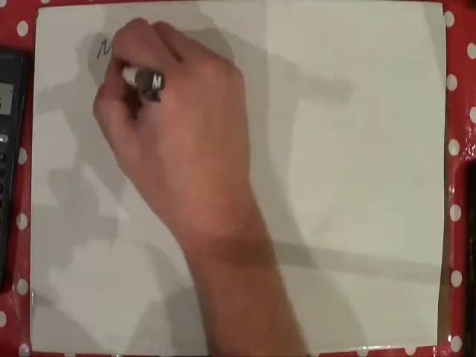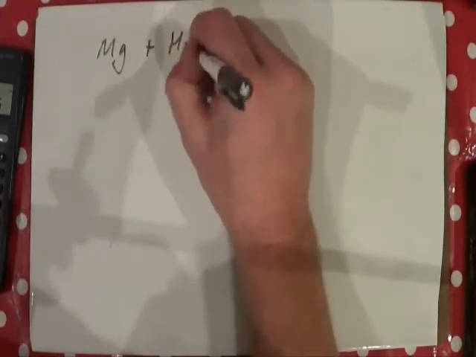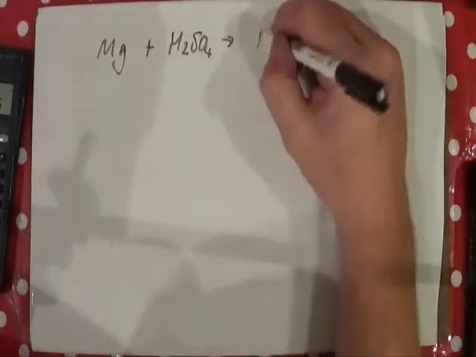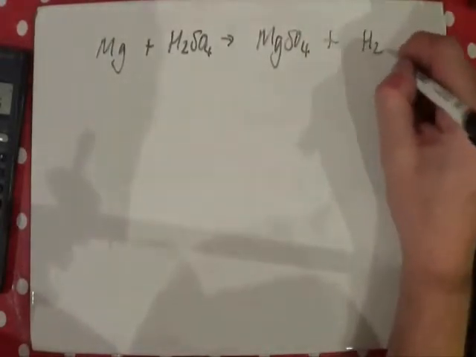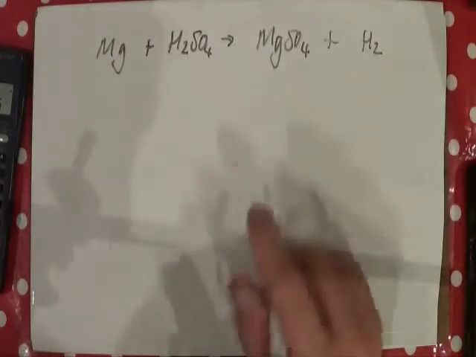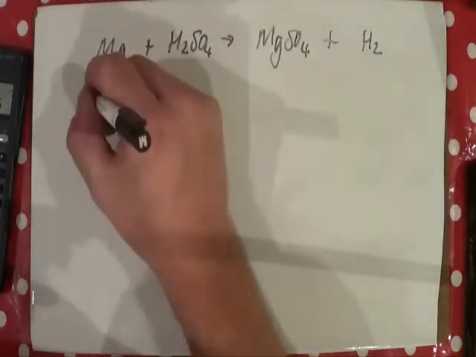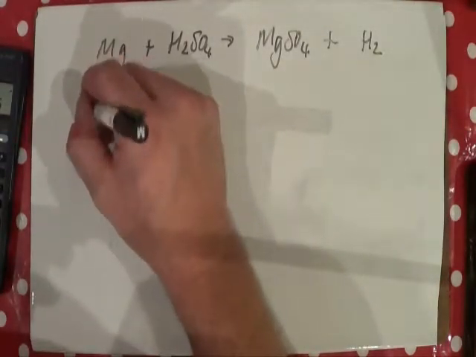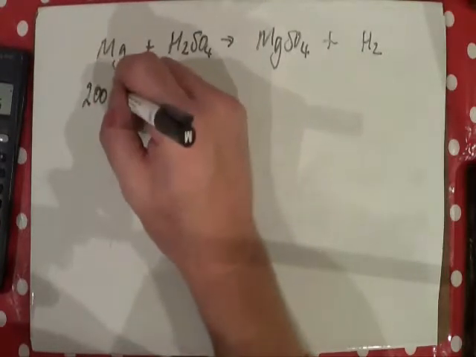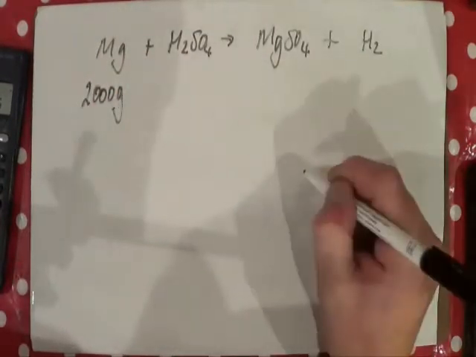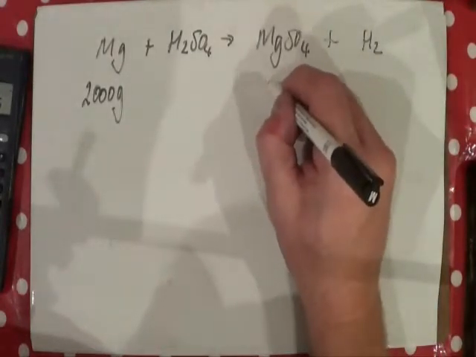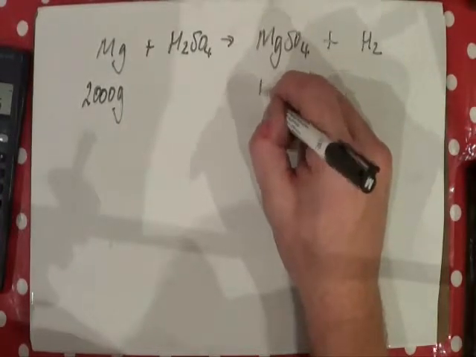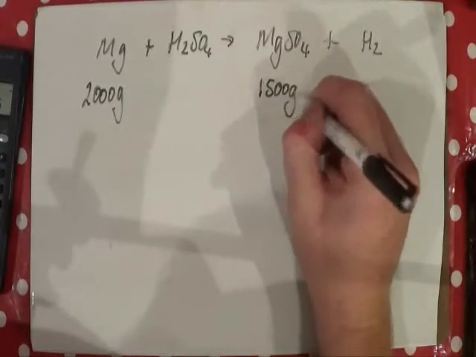So we'll take one last equation. We'll take magnesium reacting with sulfuric acid to give us magnesium sulfate and hydrogen gas. We'll say we started off with 2,000 grams of that, and we made 1,500 grams of this.